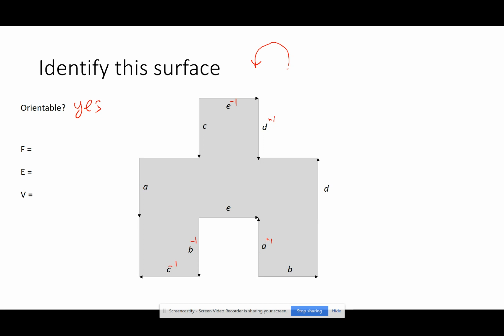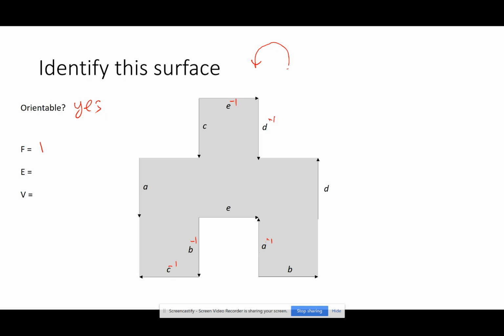So the next stage is to find the number of faces, the number of edges, and the number of vertices. The number of faces is always 1. It's just one polygon. If your surface is made out of 2, 3, or 4 polygons, then the number of faces is going to be more than that. But here it's just 1. Now, what is the number of edges?